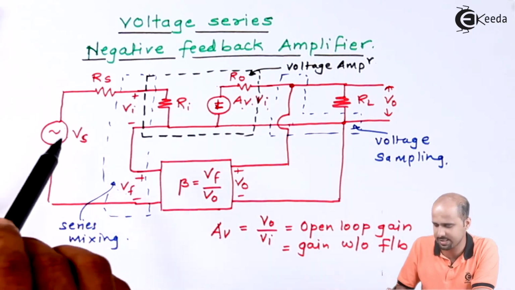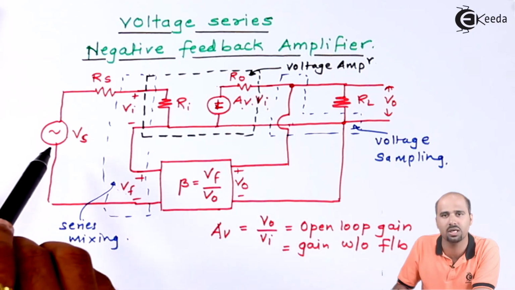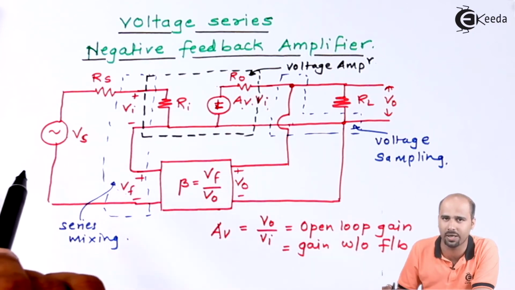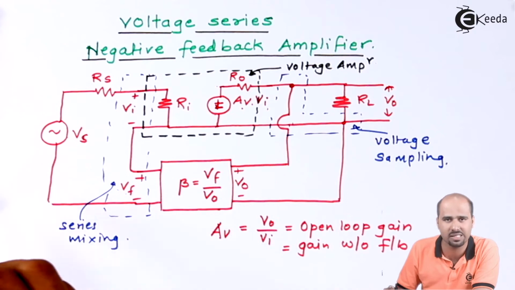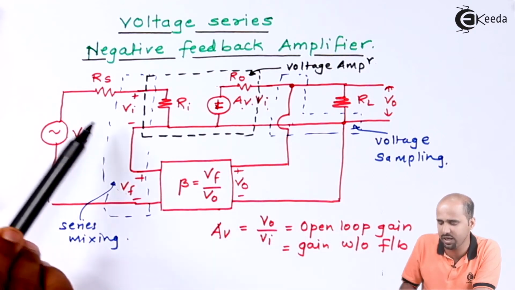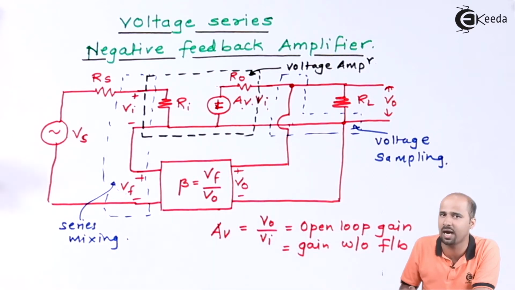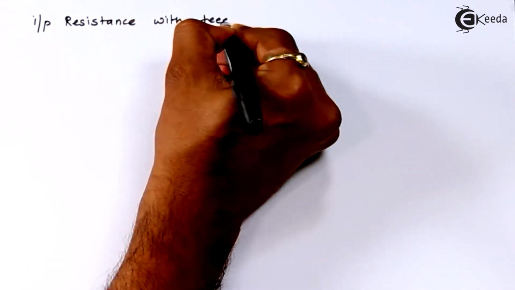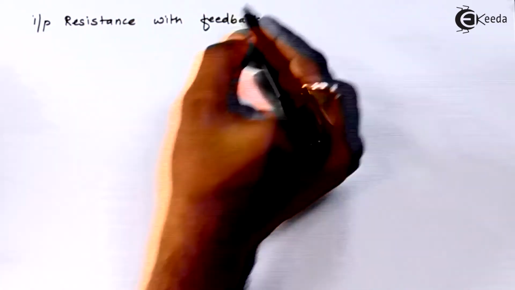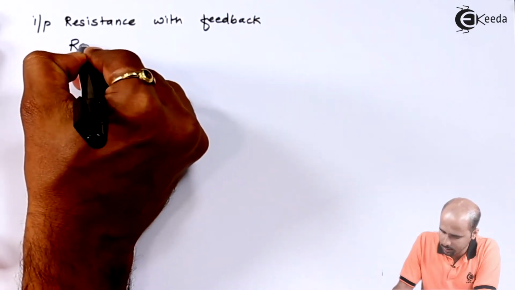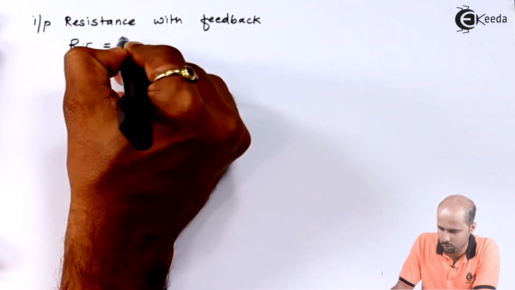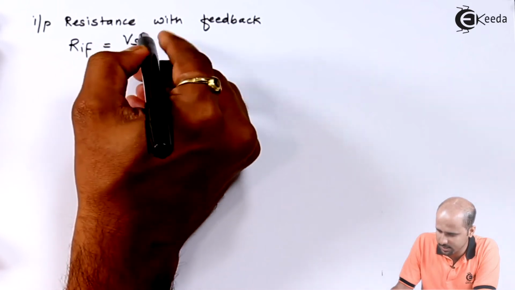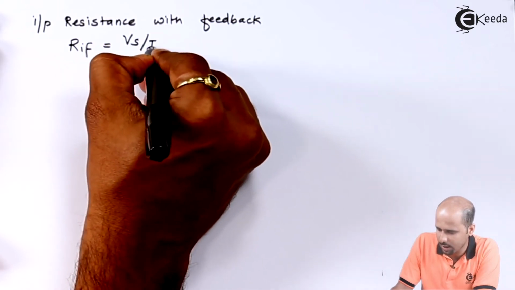Okay, so whatever resistance with feedback I'm getting, that is Rif, is nothing but the ratio of Vs divided by Ii. So I will first write that formula: Rif is equal to Vs divided by Ii.